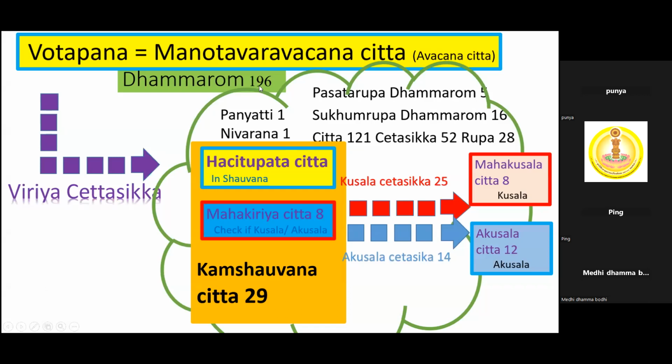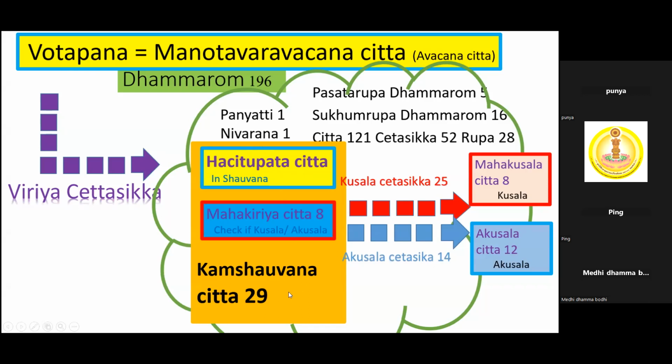A very important thing that I highlight here is that Manodawara Vachana is gonna convey connection with the Hasituppadachitta in Javanachitta. Listen carefully. Viriya Chaitasika is very important. Viriya Chaitasika can cross the link here from Manodawara Vachanachita to Hasituppadachitta, which is one of the Dhammaram 196.